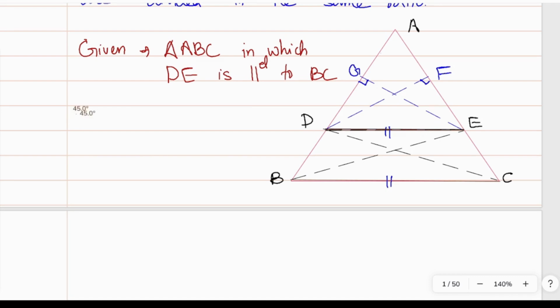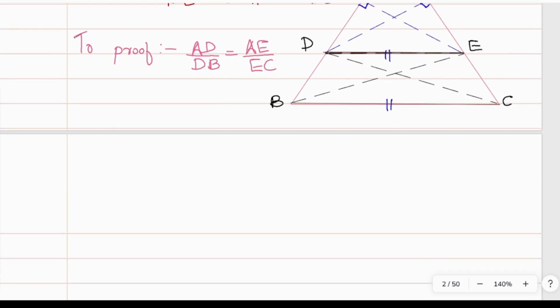A second part we have to write is to prove. Okay, to prove. What do we have to prove here? To prove AD divided by DB should be equal to AE by EC. Clear? Then, if there is any construction in this theorem, we have to write the construction as the third part. In the construction part, what we have to write?